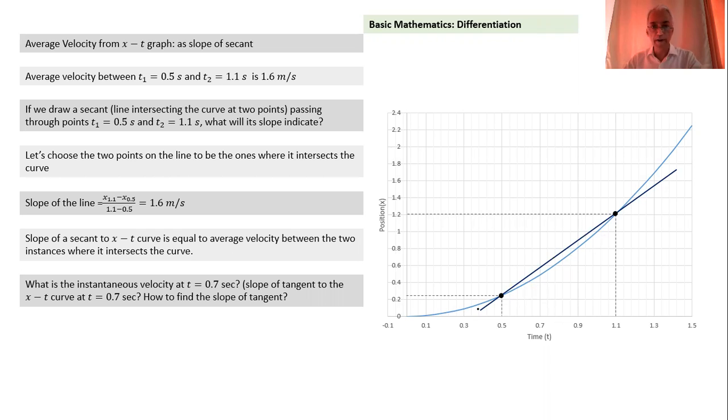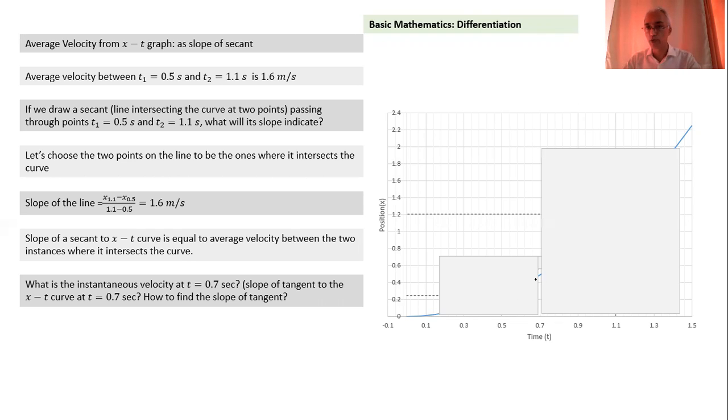So to understand instantaneous velocity better, we are going to concentrate only on that part of the motion which is around 0.7 seconds. So we'll focus our attention only on a very small part of the curve around 0.7 seconds.